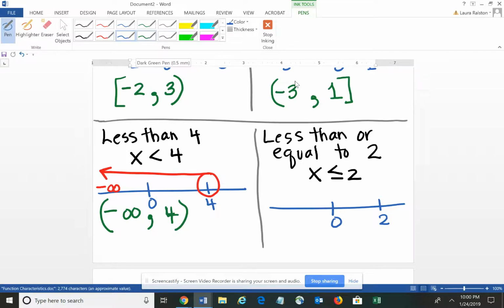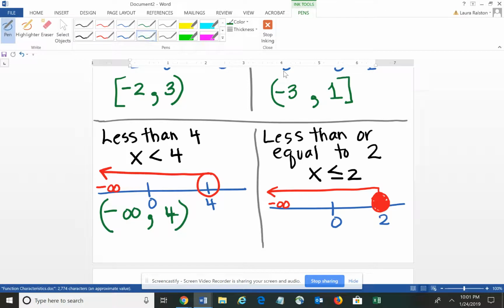Okay, so again, it has the idea here that it does keep going on forever and ever, in the negative direction. So because I can use the 2, we color it in. The dot is colored in or covered, and then we want anything that is less than that, which would be to the left. And again, that gives us the idea that it keeps going on forever and ever in the negative direction.